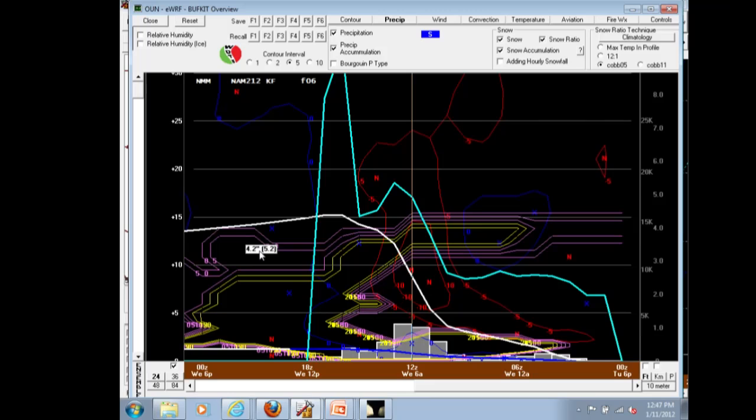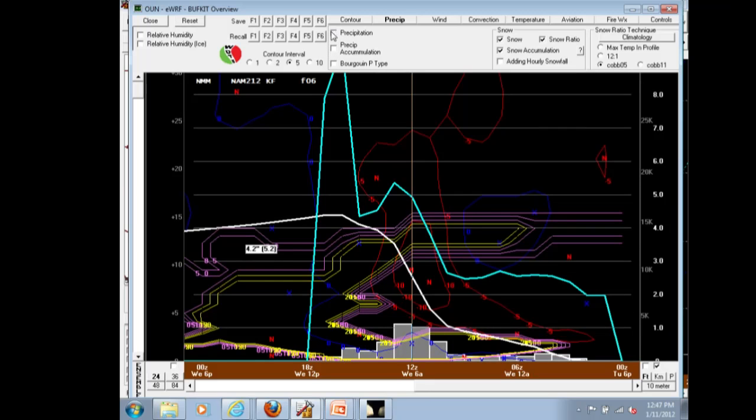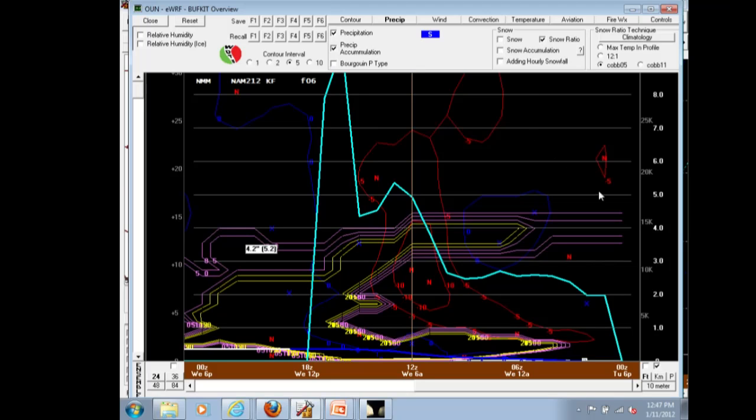I'll talk about the other number in the parentheses in a little bit. But okay, so that's 4.2 inches. Now, this is a little bit clunky, and we probably need to do something about this, but I want to keep that right there, and let's turn off all the snow. Let's see what happens. I'm going to get the liquid equivalent: 0.37.